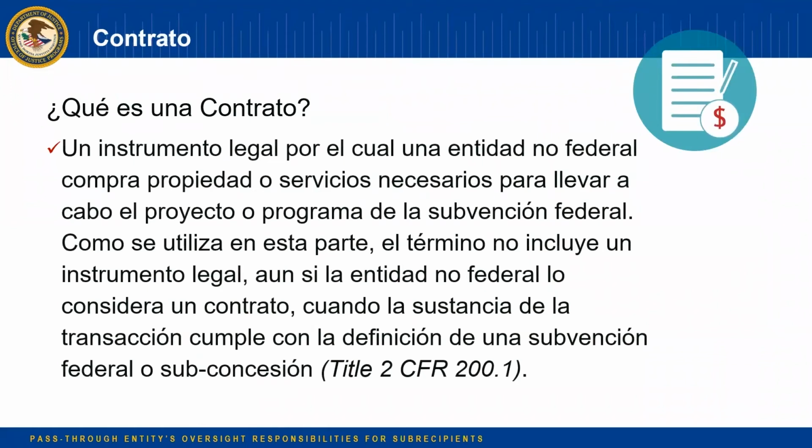So now let's talk about a contract. Okay, so a contract is a legal instrument by which a non-federal entity purchases either property or services needed to carry out the project or program under the federal award. Two things that distinguish a sub-recipient from a contract is here, as you'll see, you're either purchasing property or services, but I don't want you to get tied up right now on these two terms, especially services, because sometimes an entity can be providing services that is carrying out an aspect of that particular grant.